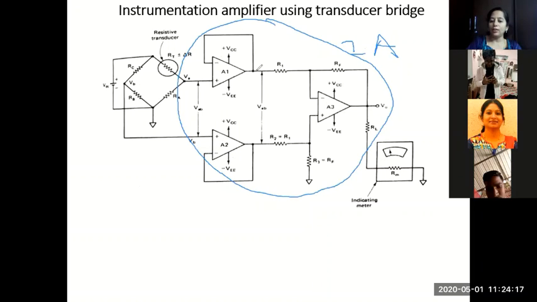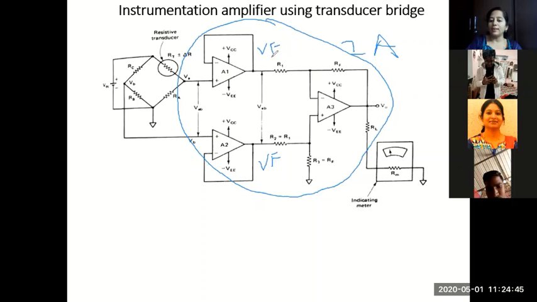Inverting terminal shorted to the output, input given to the non-inverting terminal. It is a simple voltage follower. Yes or no? So this is one voltage follower. This is the second voltage follower. We make use of two voltage followers to which we give the differential input from the Wheatstone's bridge. So output of the bridge is fed to the two voltage follower circuits.